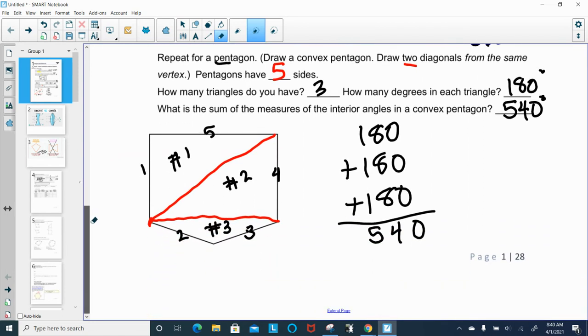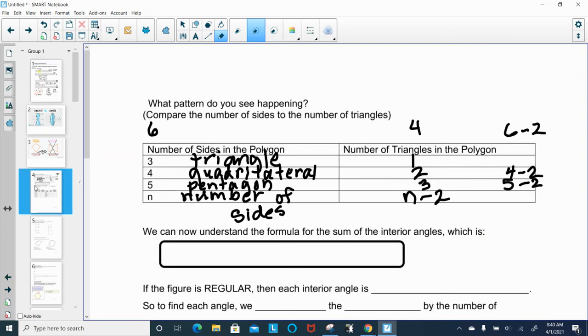Well, here we said 180 plus 180 plus 180, that could be considered to be 180 times 3. It's just a multiplication problem. So what we do is we take those number of triangles, whatever that number is, and we multiply it by 180.